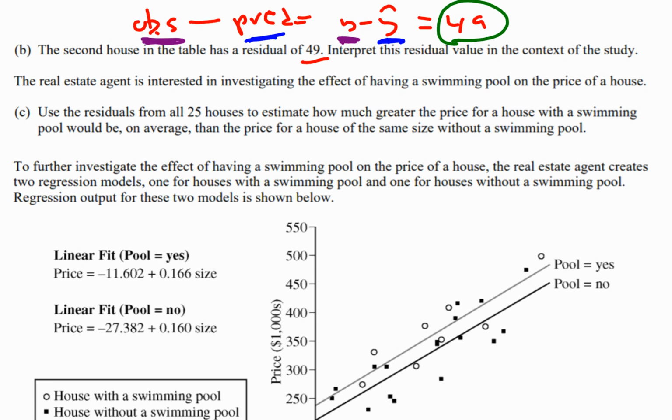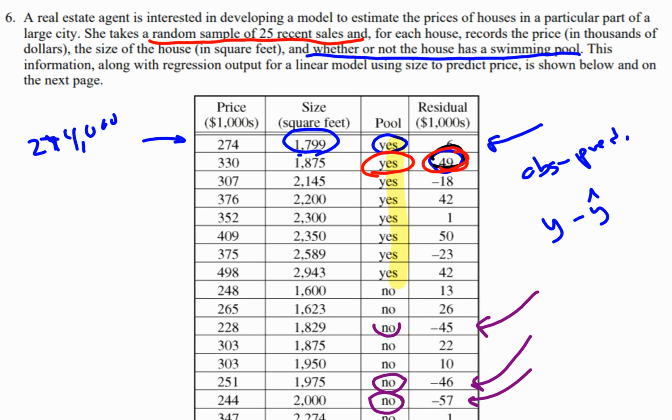Use the residuals from all 25 houses to estimate how much greater the mean price of a house with a swimming pool would be on average than the price for a house of the same size without a swimming pool. Okay, so you really have to take an option, a way to handle this. What I would probably do is go back to the data in this table.